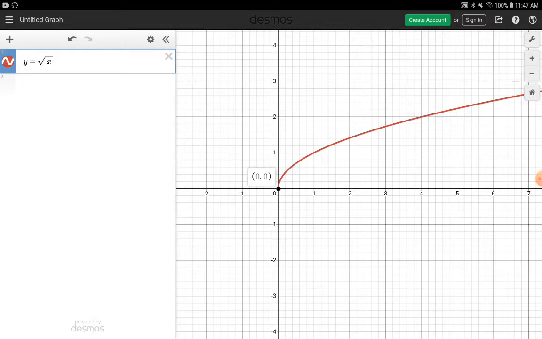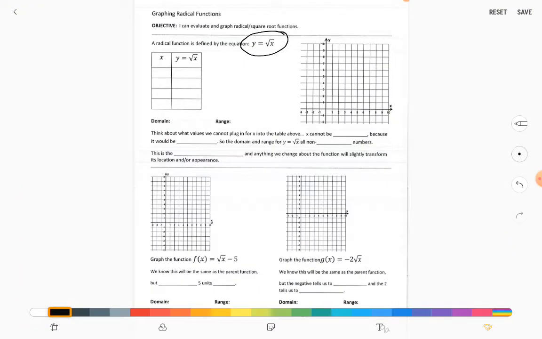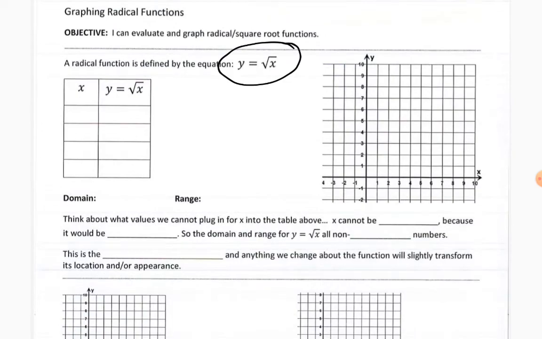Okay, so what we want to do is we definitely want to get our starting point. So as you can see, my starting point's at the origin. It's at 0, 0. And then we have another point at 1, 1. And another point at 2, 4. Okay, so all those points are going to go into our table.